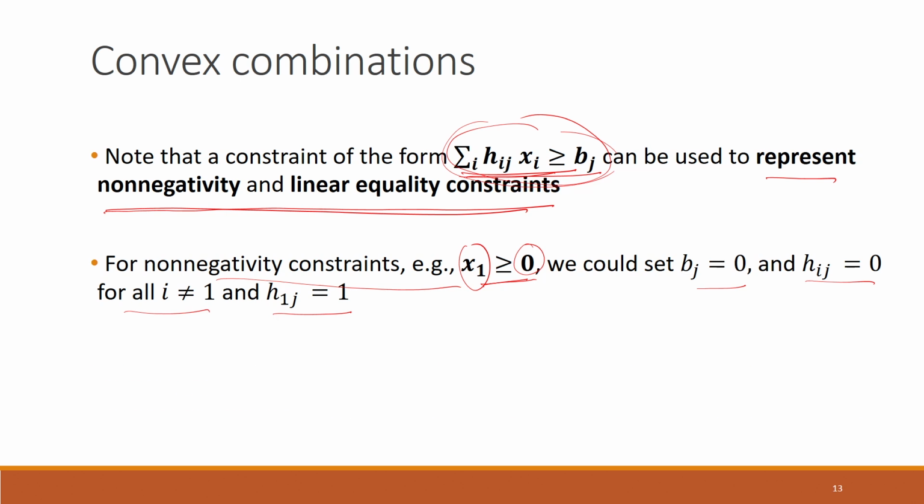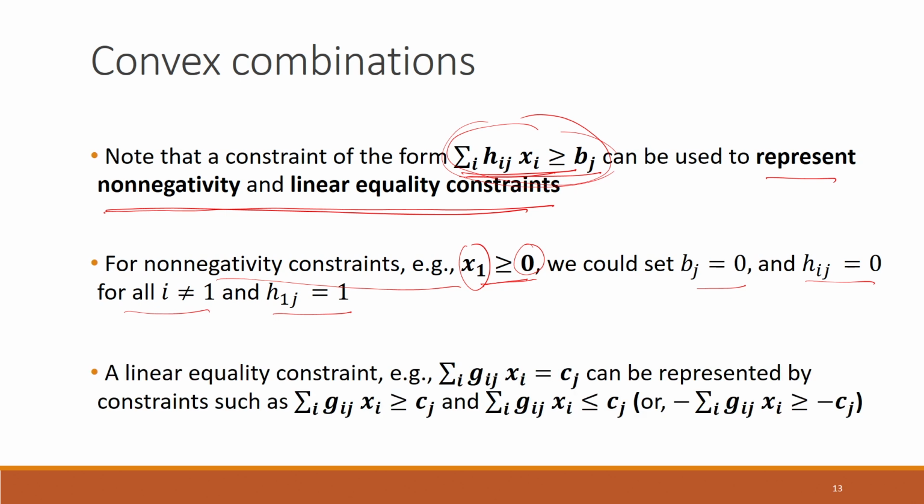Similarly, if you have a linear equality constraint of this form, summation gij xi equal to cj, this can also be represented in this form. How? We have seen this before also, so we can split this into two inequality constraints.